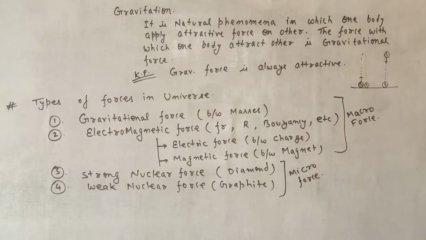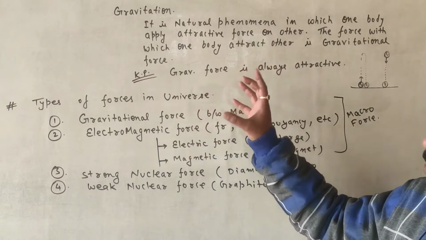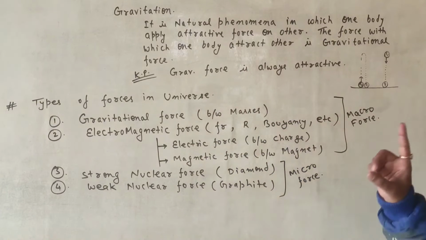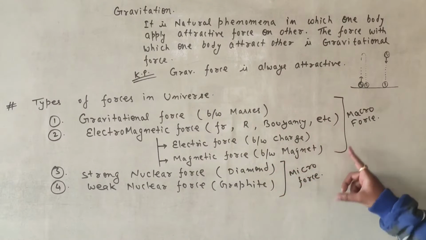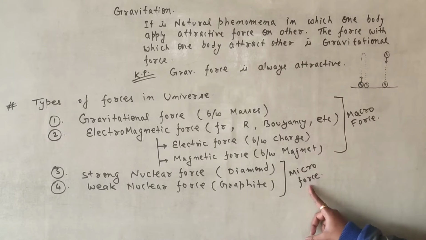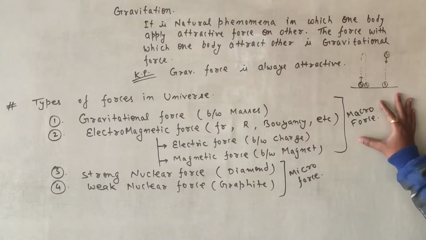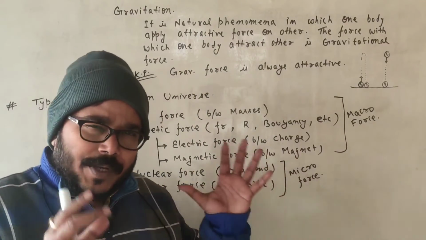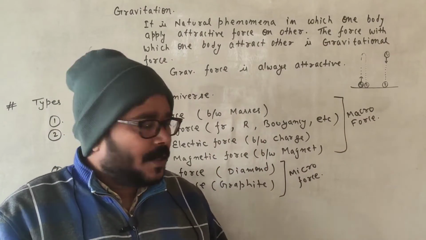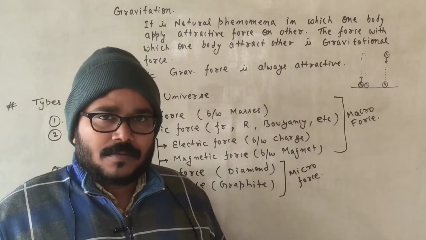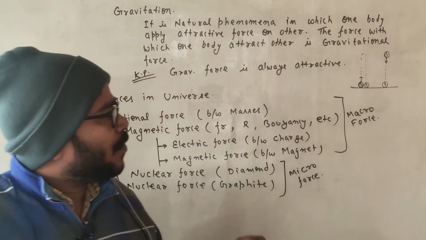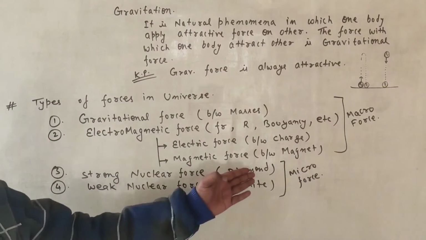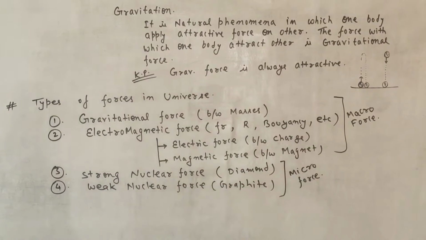Due to this experience, we categorize the four forces into two parts, macro force and micro force. Macro force means we can experience it, we can feel it. Micro force means very tiny, can't be experienced. So the macro force family is gravitational and electromagnetic. The micro force family is strong nuclear and weak nuclear.